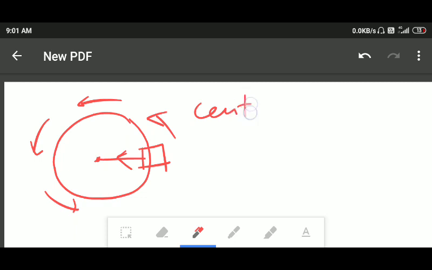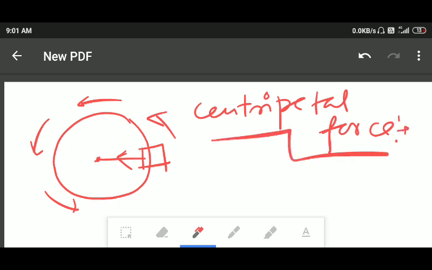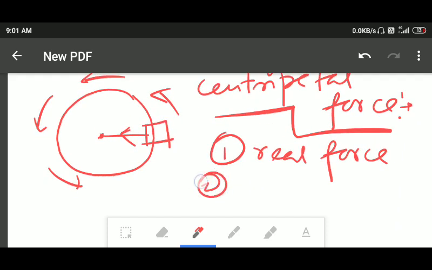One thing you should remember, a centripetal force is a real force. It works in the inward direction, and it is responsible for a particle to move in a circular motion, right?